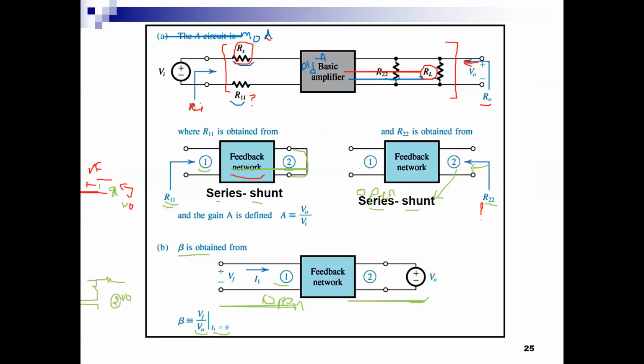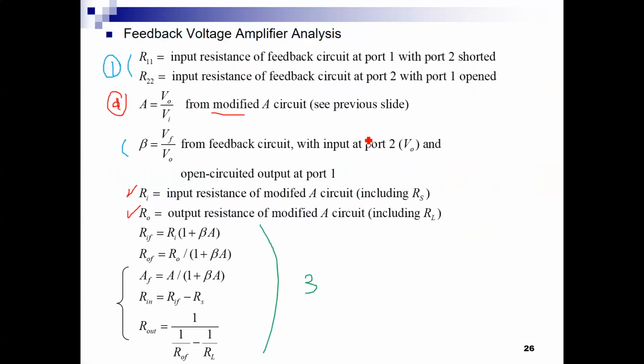Okay, last time we explained that if we have a structure with a basic A block and a basic beta block, we will devise a rule sheet that will explain how we will find the modified circuit. And we said that there are 3 steps to find the full feedback amplifier characteristics.